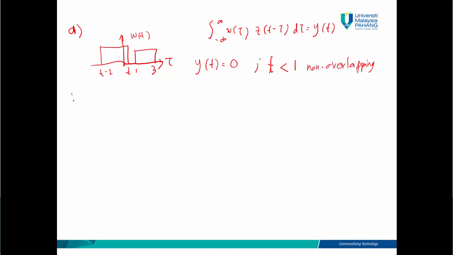Okay, and then for the next condition, we shift the z signal along the w signal. So for the next condition, we have t in between 1 and 2.